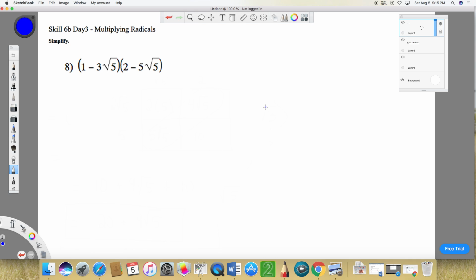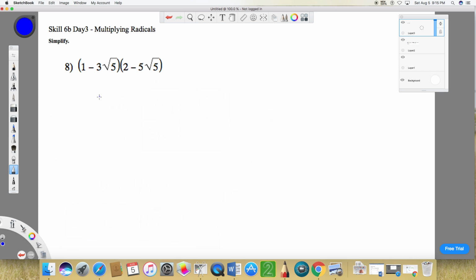And I hesitate to emphasize to students to use the phrase FOIL because FOIL will only work with a binomial times a binomial. Whereas when you're using a table, you can use that idea of a table even if one of these has more terms, a trinomial or four terms or whatever.